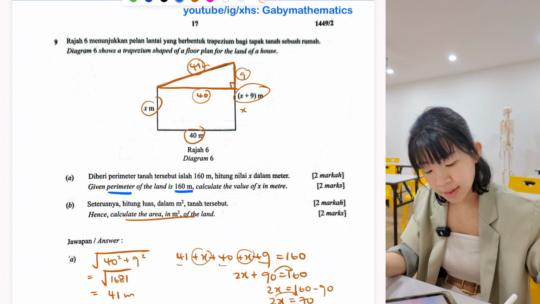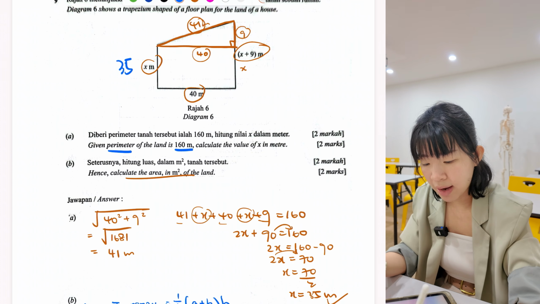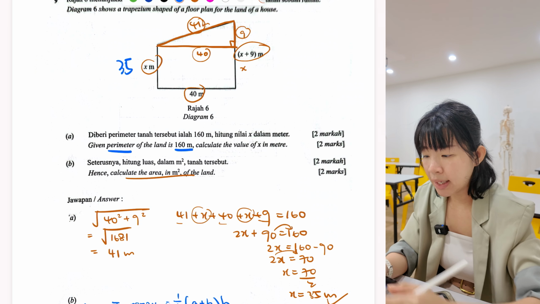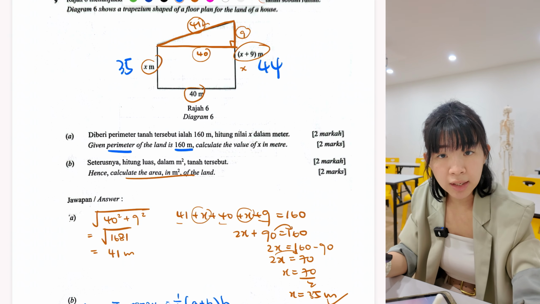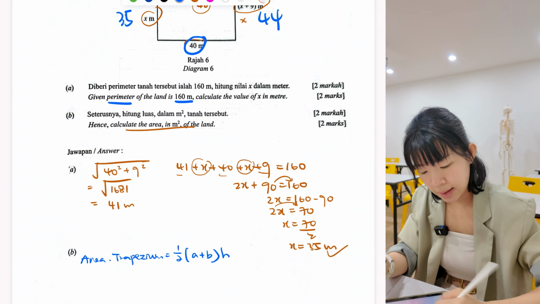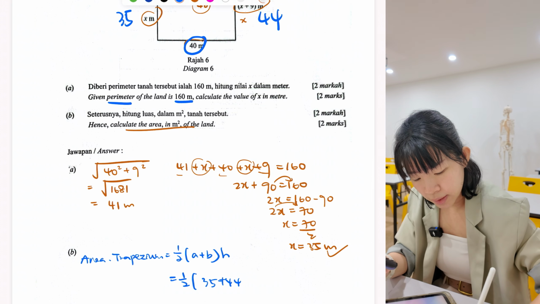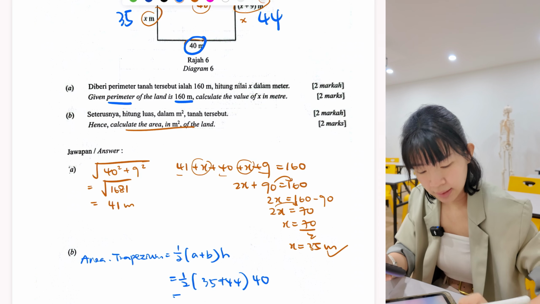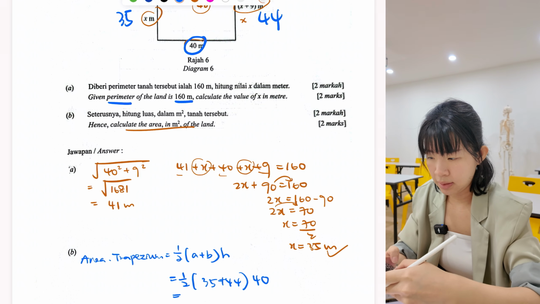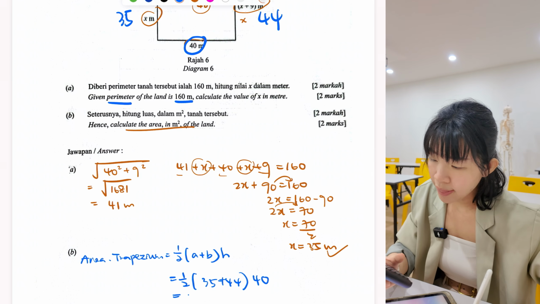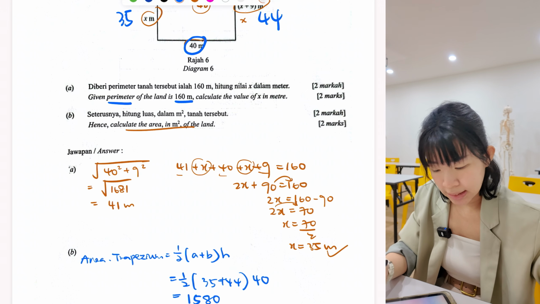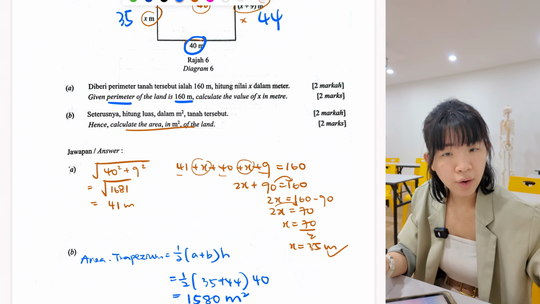Since we know x is 35, 35 plus 9 is 44. Height is 40. So 1 over 2, 35 plus 44, times height 40. At the end, 1580 meter square. Okay, done.